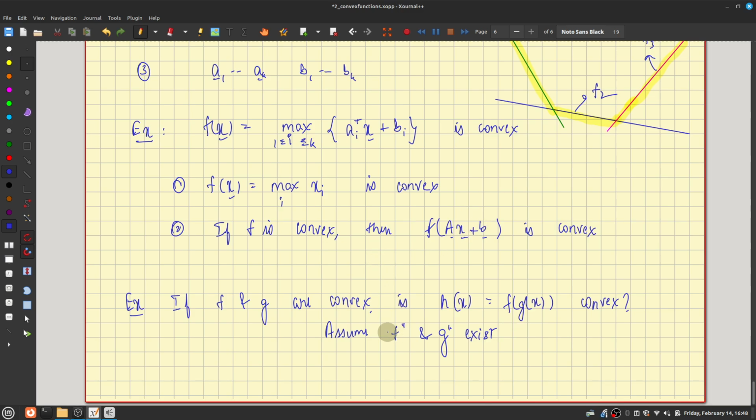In this case, the second derivative of f and the Hessian of g exist. Just to keep it simple, assume that f and g are both functions from R to R.